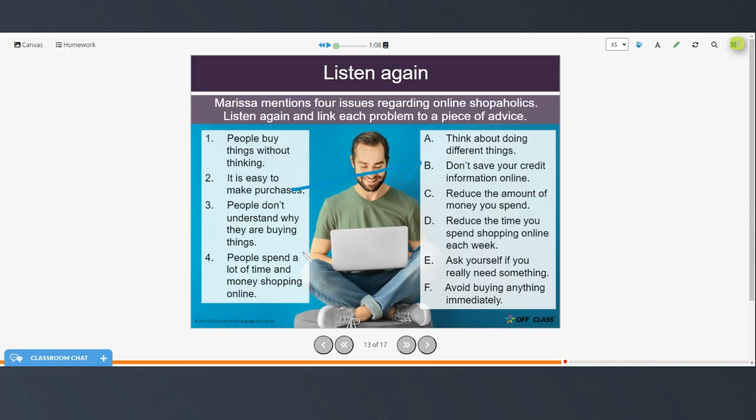People don't understand why they're buying things. So ask yourself if you really need something. People spend a lot of time and money shopping online, so you can reduce the amount of money and the amount of time. And then people buy things without thinking. Avoid buying anything immediately, and think of doing other things.